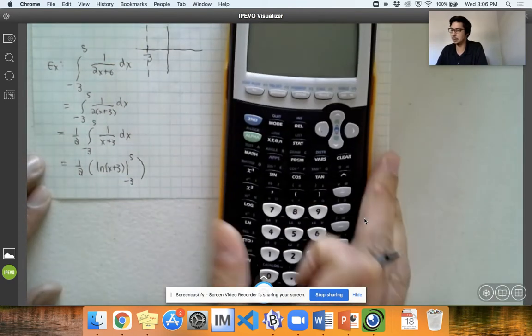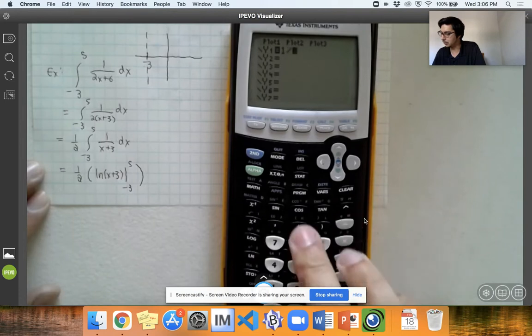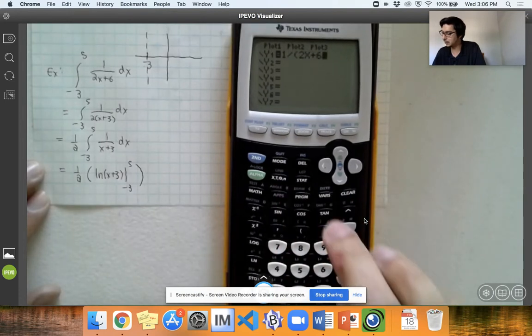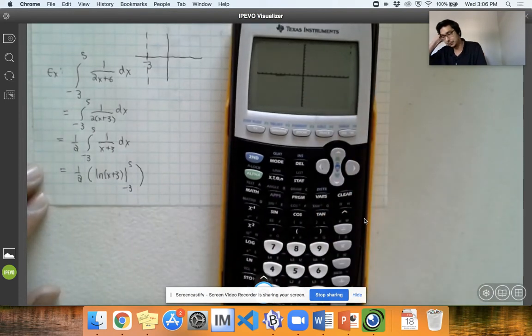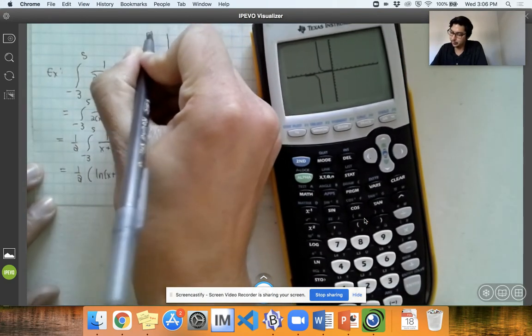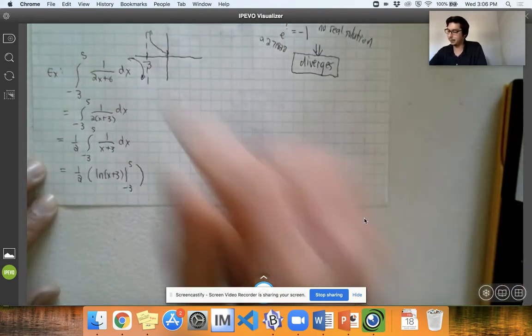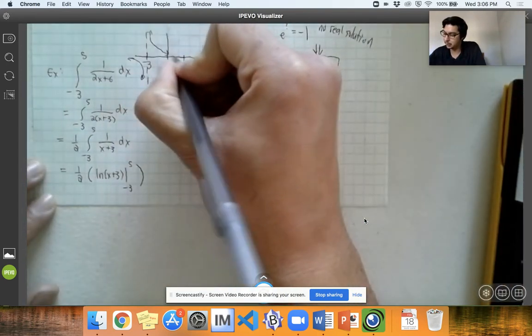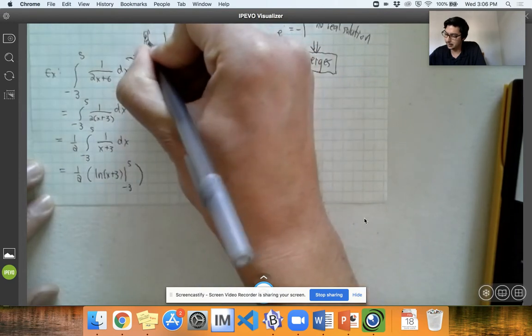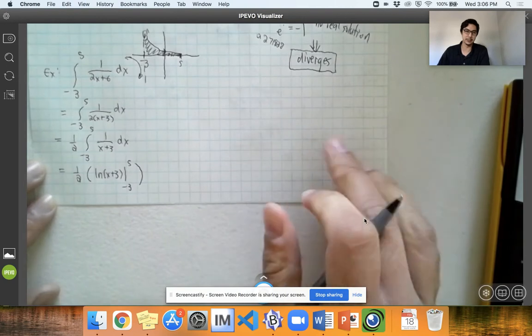Let's make sure we get this right. So if I did 1 over 2x plus 6 and graph it, yeah, you have an asymptote at negative 3, and it looks something like that. So if we're going from negative 3 to 5, which is way over here, this is an improper integral because the area under the curve is getting infinitely large.